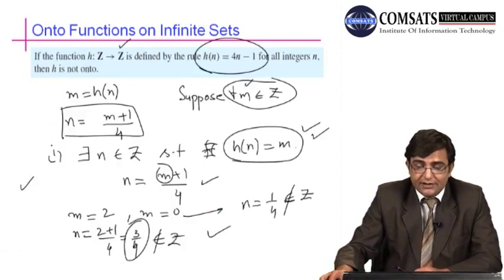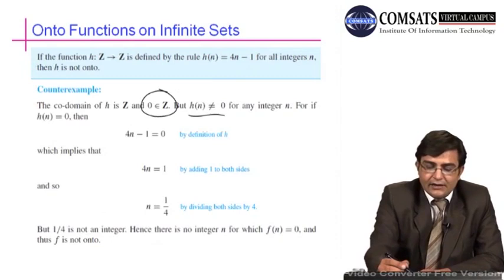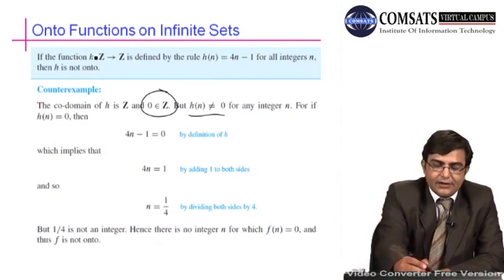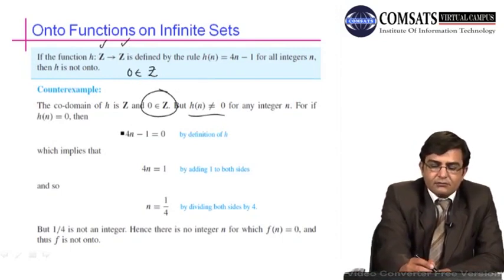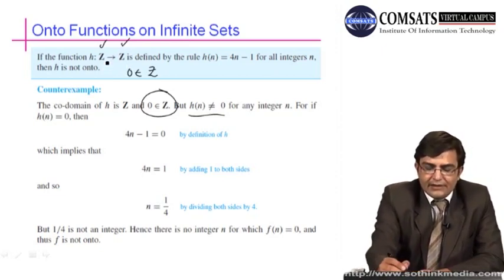Yes, this is a very simple example. h is a function from z to z. Now 0 belongs to z, obviously z is a set of integers. Now here it is possible to take 0 from the z, but h of n is always non-zero.